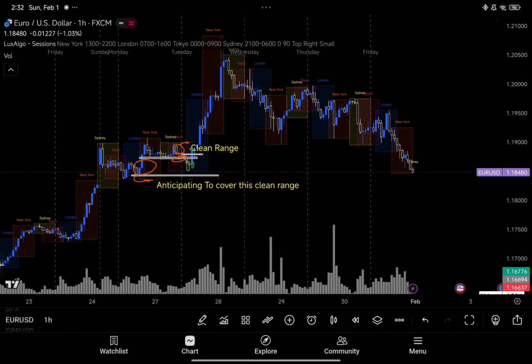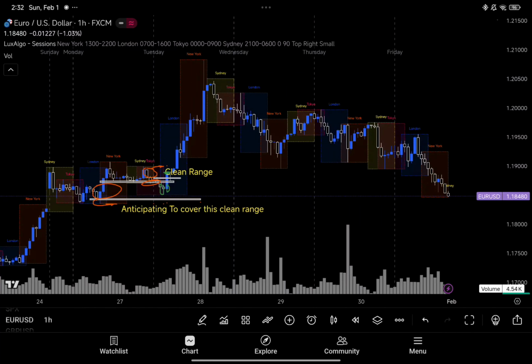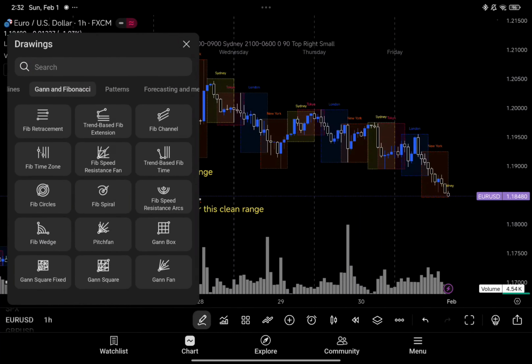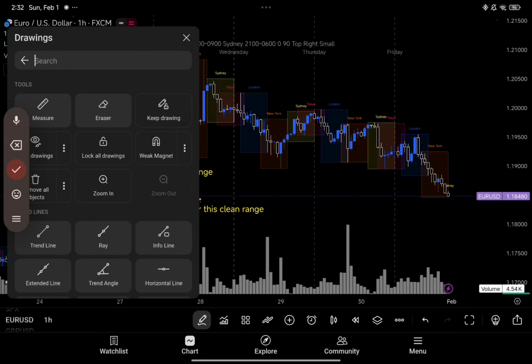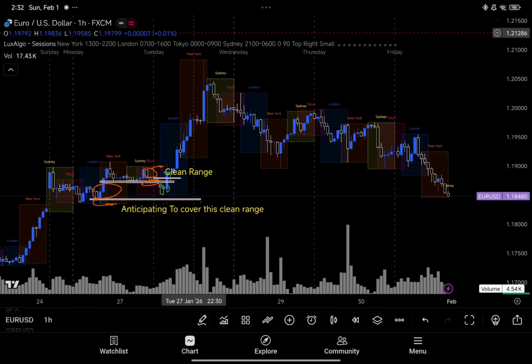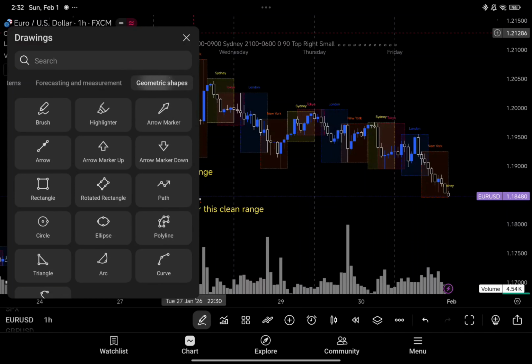If we jump into the 1 hour time frame, you will see that there is a strong support over here. Let me mark the support for you.